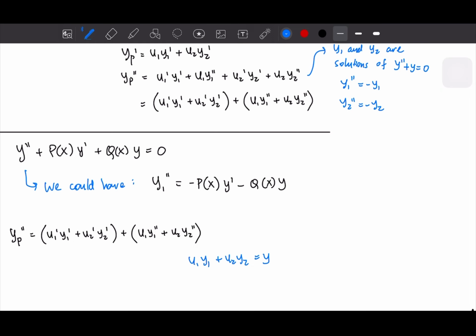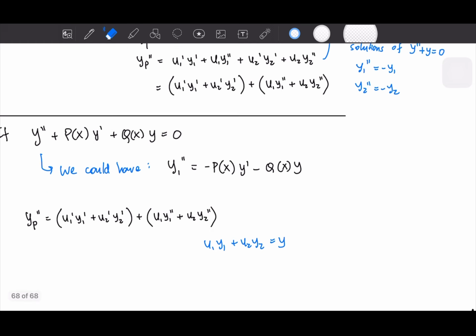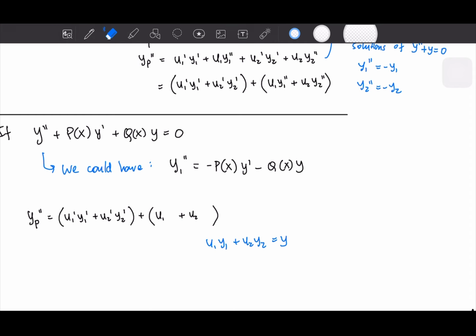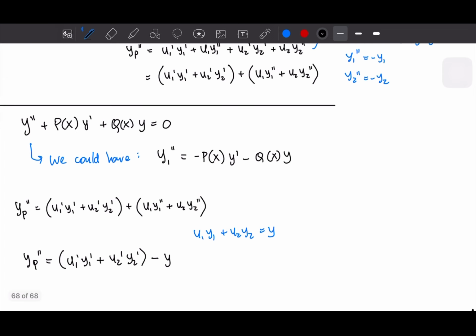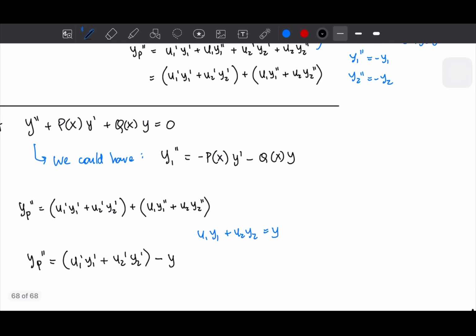So we take this approach and apply it here. This becomes yp double prime, and we can write it as equal to negative y, because y1 double prime becomes negative, and it will be negative y.